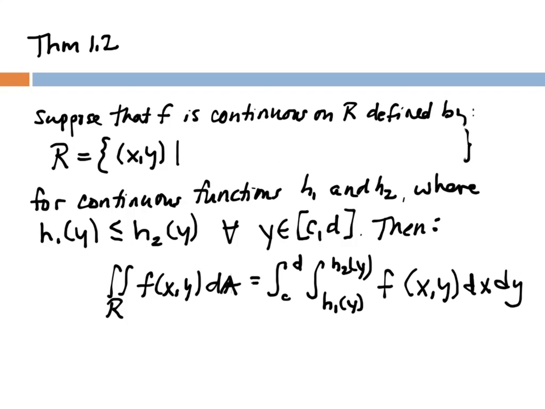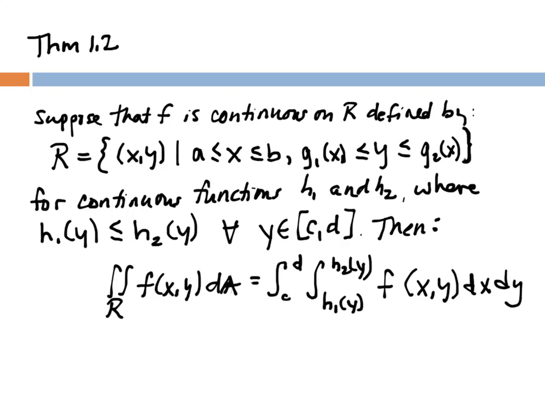Okay, so what I'm going to define is that x is between a and b, and instead of the function h, we're going to do a function g1 of x is less than or equal to y is less than or equal to g2 of x.